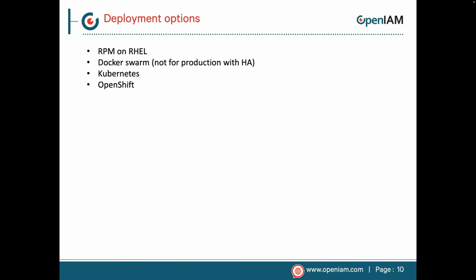So there's a few choices here. On one hand, for companies which are not ready to adopt a containerized approach, we still support an RPM-based model. So you can use Red Hat Linux or CentOS, and you can deploy using an RPM file. You can do both a single-node and a multi-node deployment. There's a fair amount of flexibility here in an RPM type of deployment.